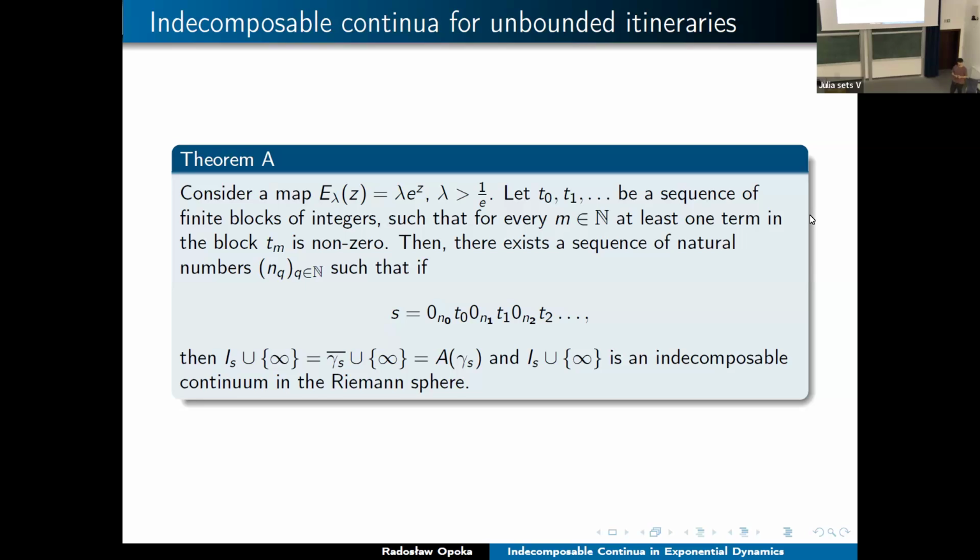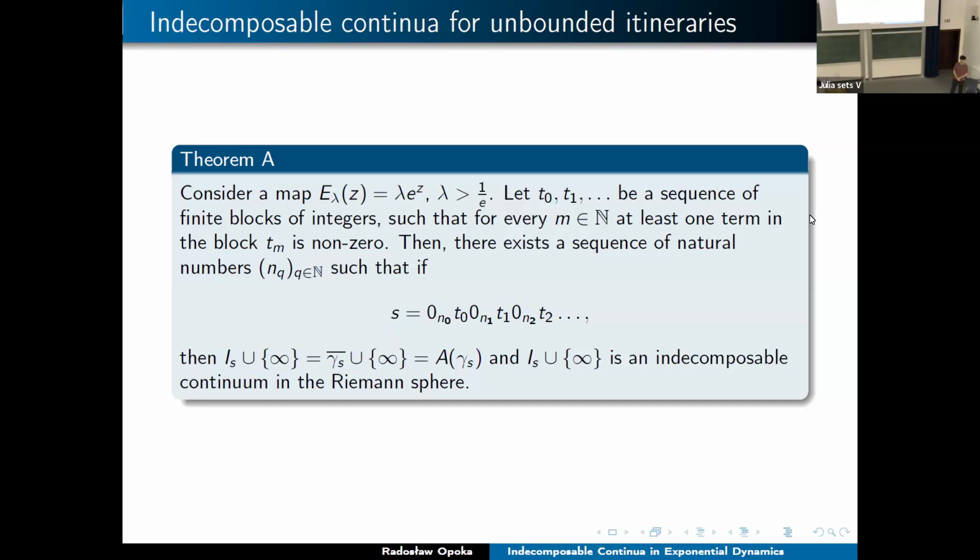Any more questions? Yeah. So you consider there is some itinerary, and the accumulation set of this itinerary is an indecomposable continuum, right? What if you consider the parameter ray corresponding to this itinerary in the parameter space?